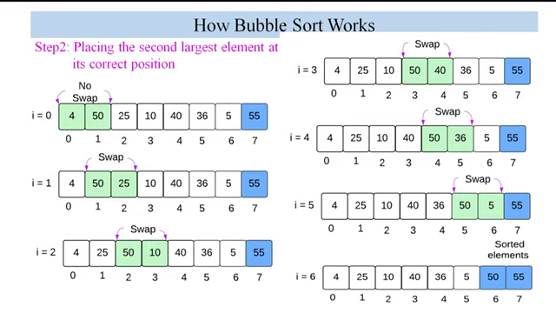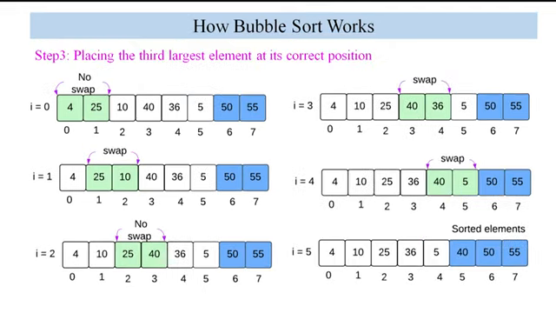Now the next pass starts. Again the same process will be repeated, but now it will be done till the third last location, because the last two elements are already placed at their appropriate places. So in pass 3 or step 3, again the first is compared with the second, no swapping because 4 is smaller.